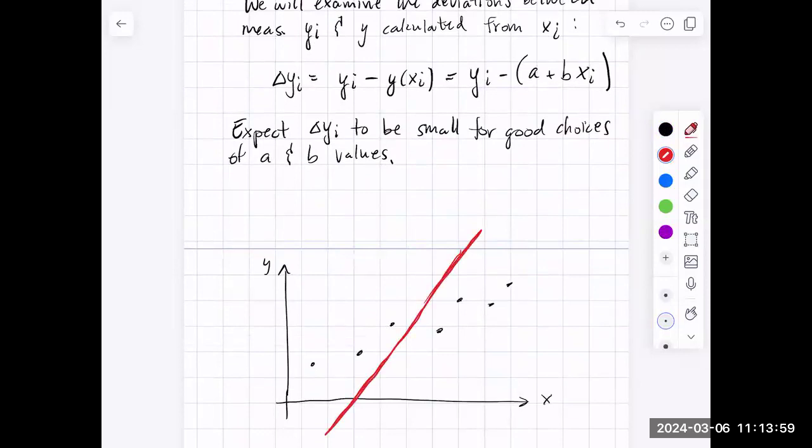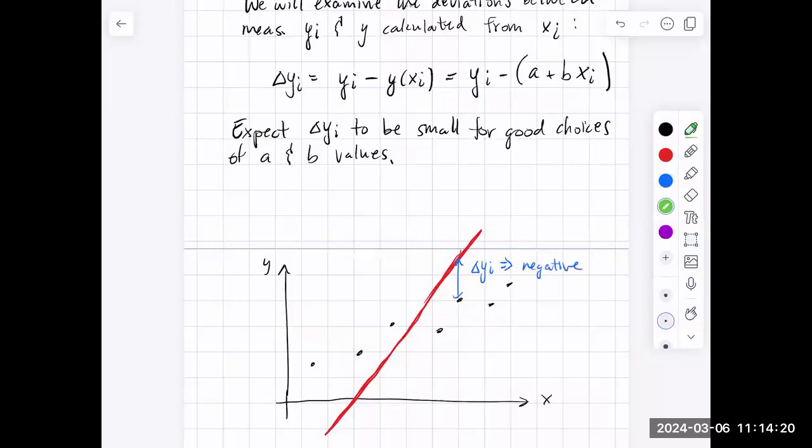Okay, and so if I was to pick a point here, delta yi is going to be yi minus the line value, so this will be a negative contribution.